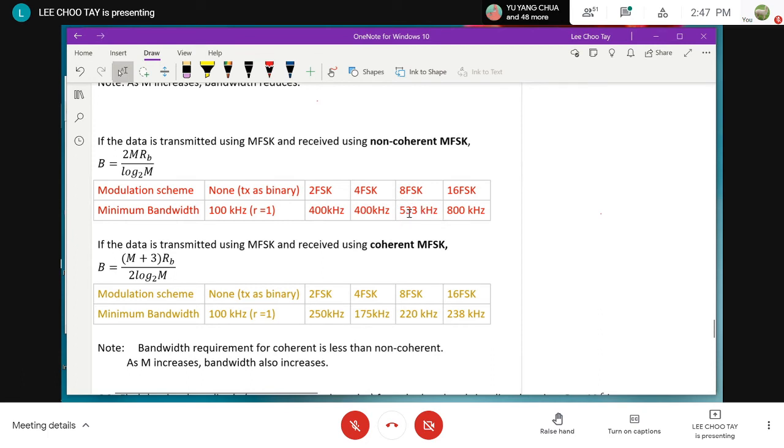But the overall trend is that when you increase your M level, you increase the bandwidth requirement for FSK. The trend is different for FSK. So for MFSK, when we increase our M, we increase our bandwidth, and therefore it reduces our bandwidth efficiency.